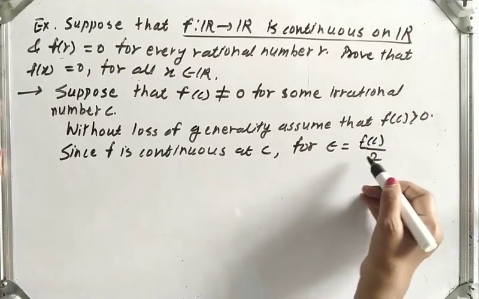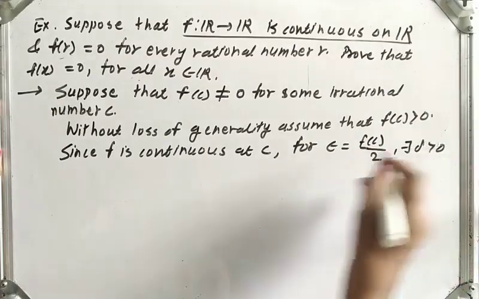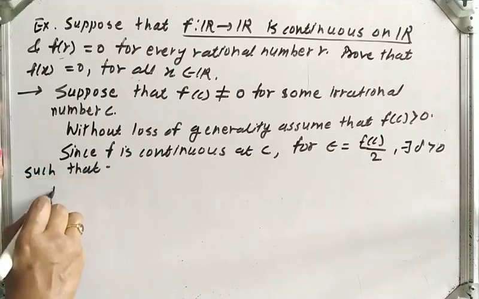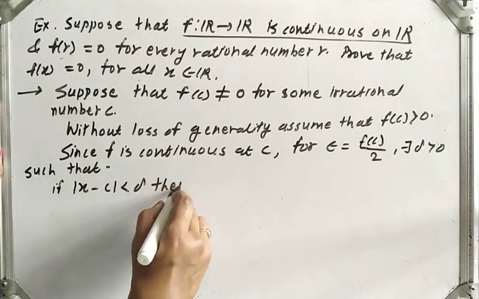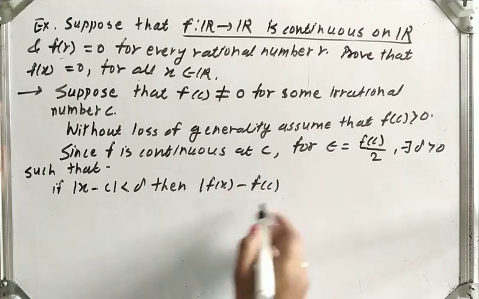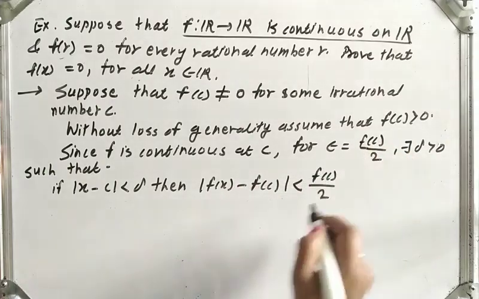So for epsilon equal to f of c upon 2, there exists delta greater than 0 such that if mod of x minus c is less than delta, then mod of f of x minus f of c is less than epsilon. What is our epsilon? f of c upon 2.